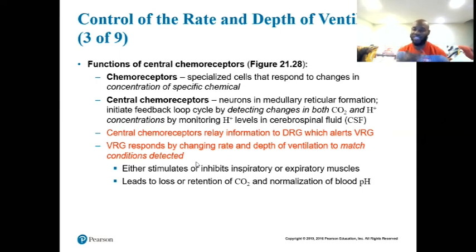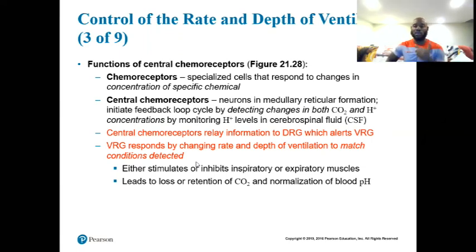So we can detect changes based on your CO2 levels and your hydrogen levels. Changes in your pH and changes in your CO2 levels can cause us to breathe faster or breathe slower. All right. So if I'm exercising, I'm creating more CO2 in my blood because my cells are working harder, and when cells are at work, they produce CO2 as a waste, it's a waste gas.